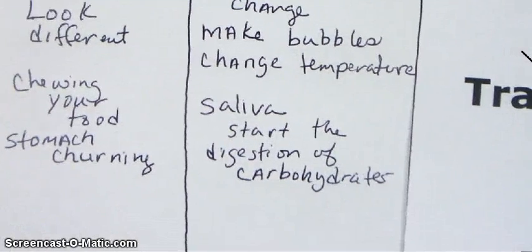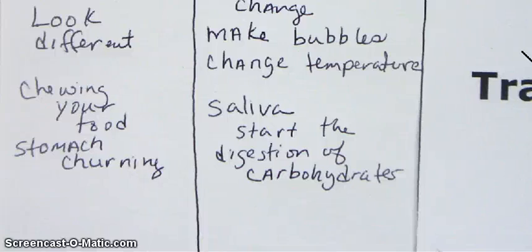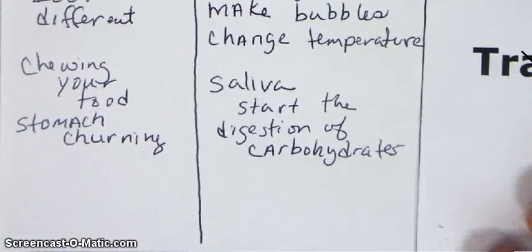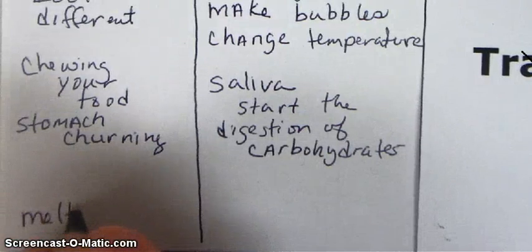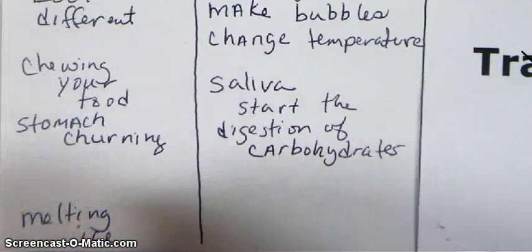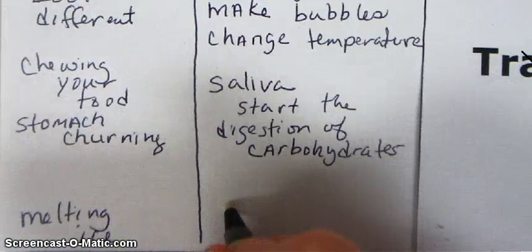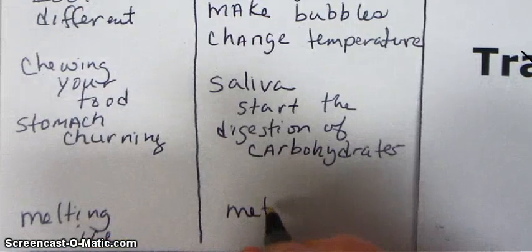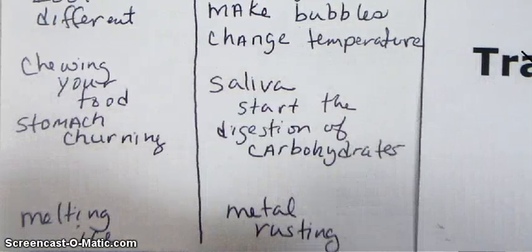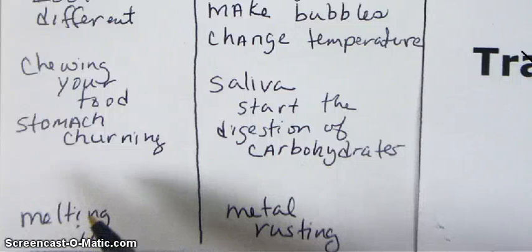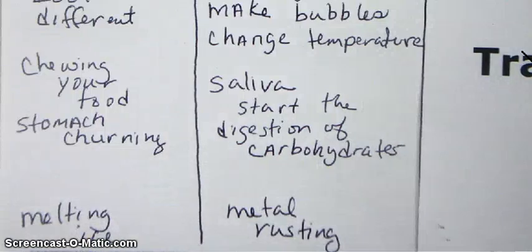An everyday example of a physical change is melting ice. An example of a chemical change is metal rusting. So again, physical keeps the same substance, chemical makes something new.